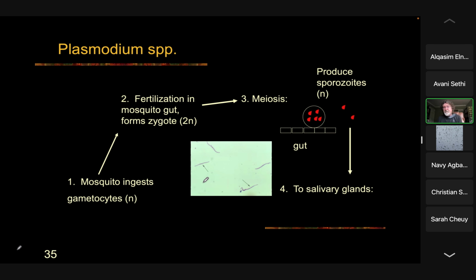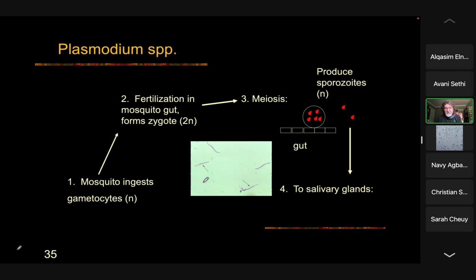It takes almost a week, about 7 days after the mosquito has ingested the gametocytes, before the mosquito is infectious, because the life cycle of producing the zygote, producing the sporozoites, and getting into the salivary glands takes some time. So if this mosquito happens to feed maybe 2 days after ingesting the gametocytes, it will not spread the malaria.